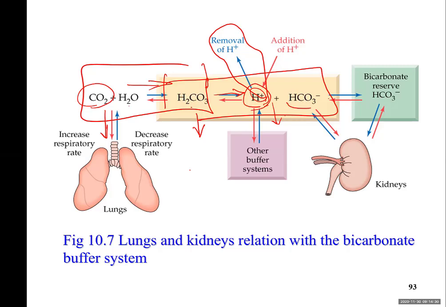By the way, bicarbonate is being reserved in our kidney, and when this reaction wants to go back, bicarbonate is provided by the kidney. So the blue arrows shows addition of a basic reagent to the blood, which is neutralized by this buffer.